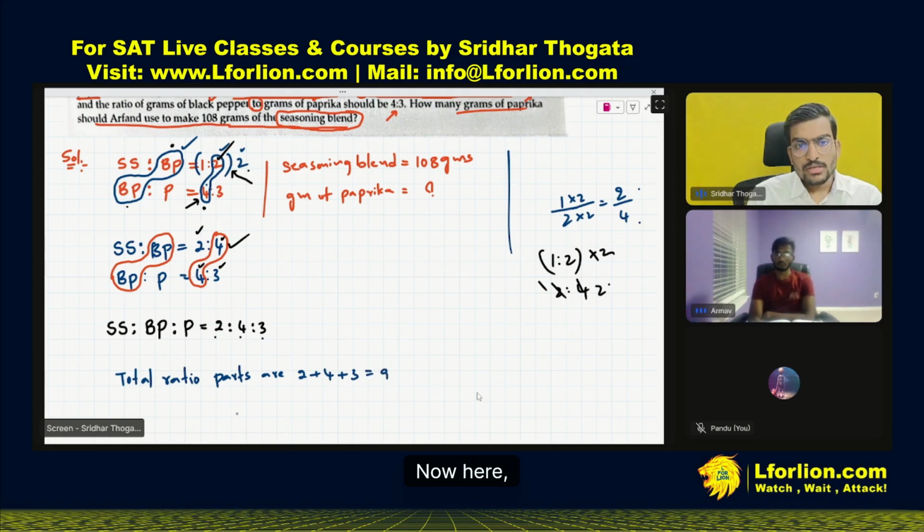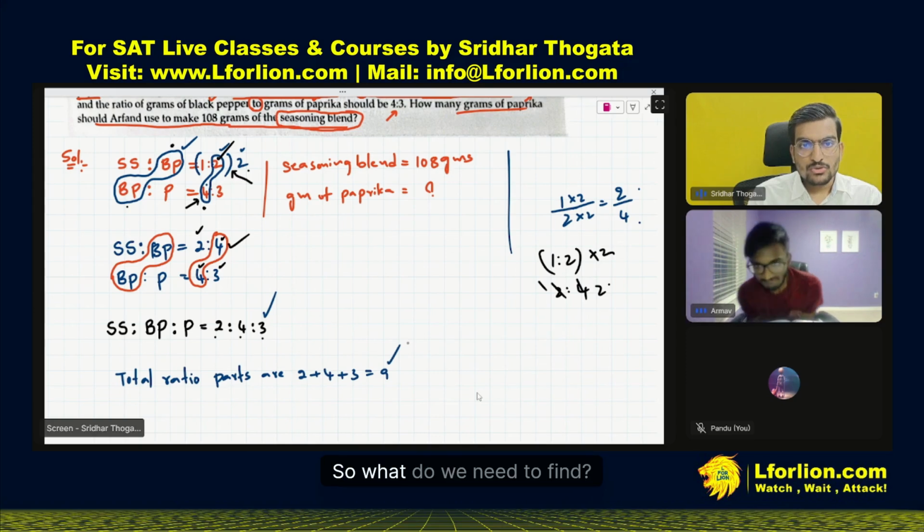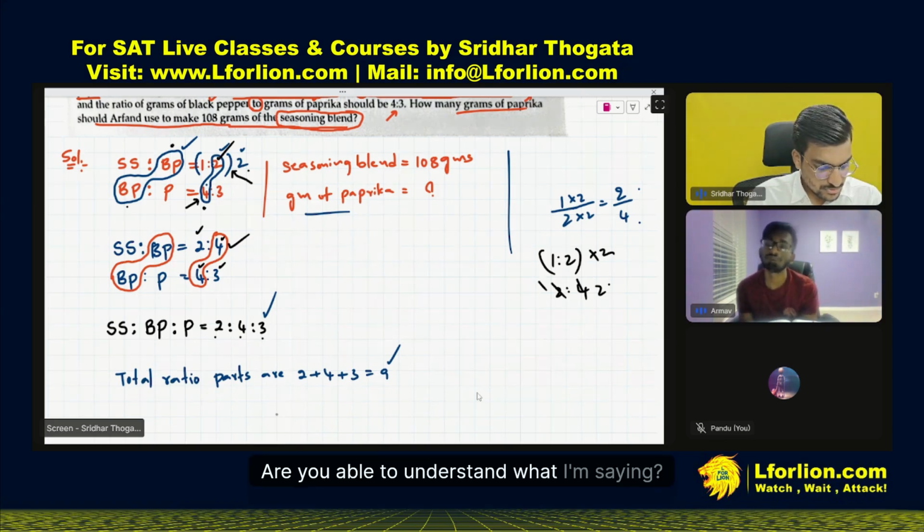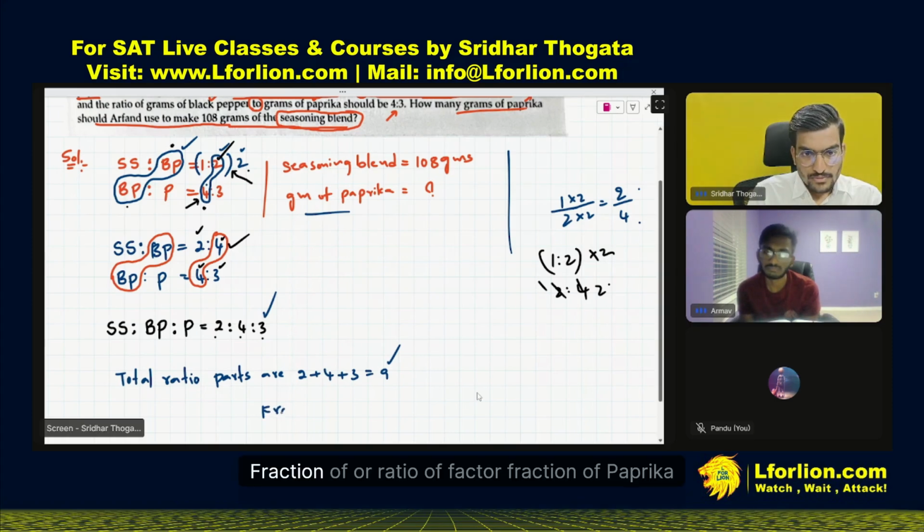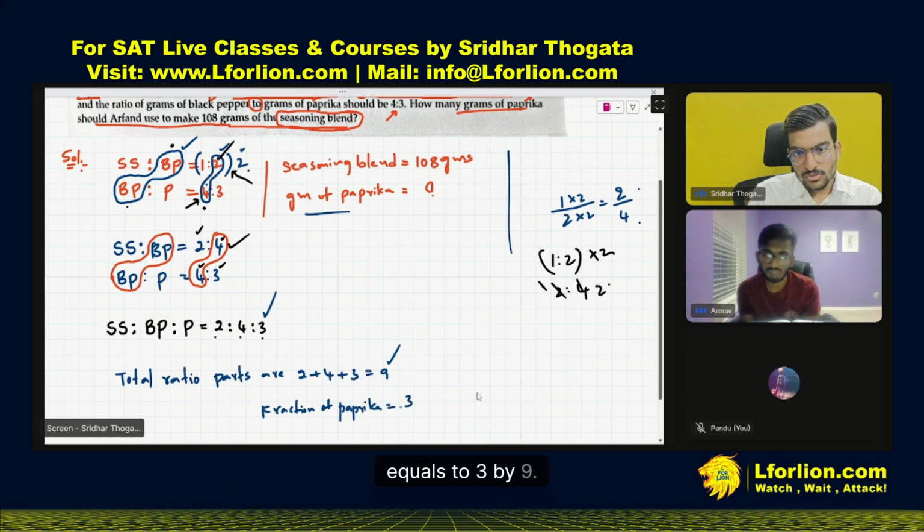Paprika is 3 and the total is 9. We need to find grams of paprika, so the ratio of paprika is 3 by 9. Are you able to understand what I'm saying? The fraction of paprika equals 3 by 9.